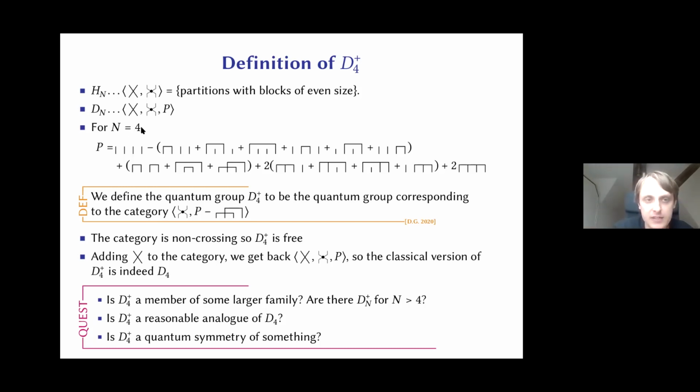What happens for n equals 5, let's say, is that I would have not just one crossing partition, but more crossing partitions, and not only such a simple crossing as this, but I would have maybe something like this, for instance.